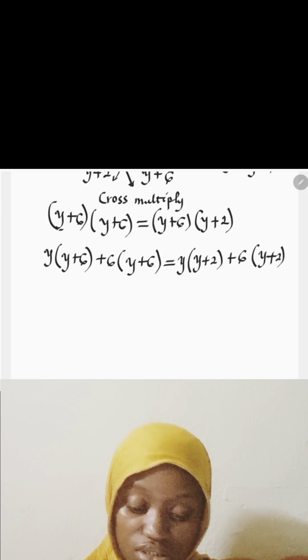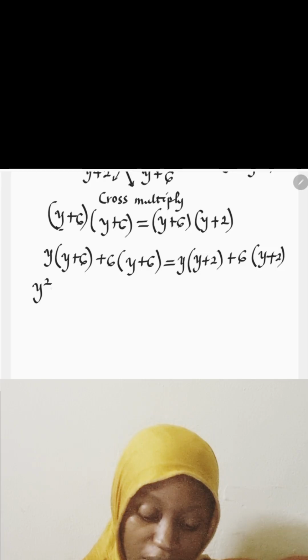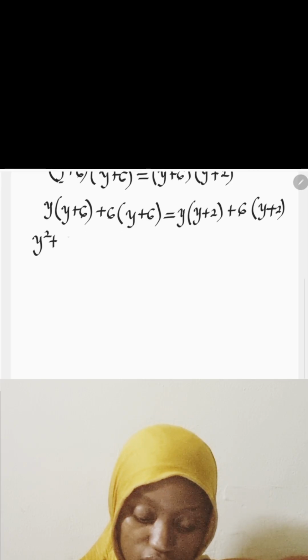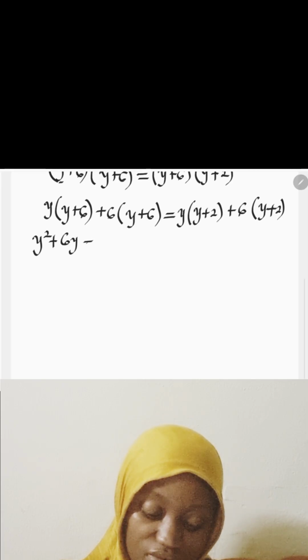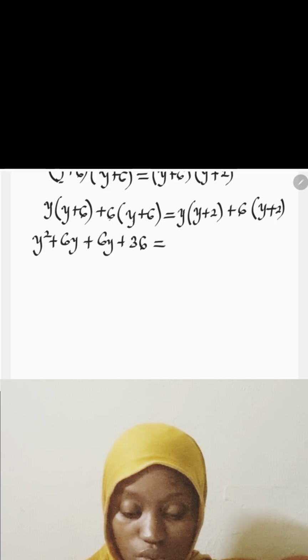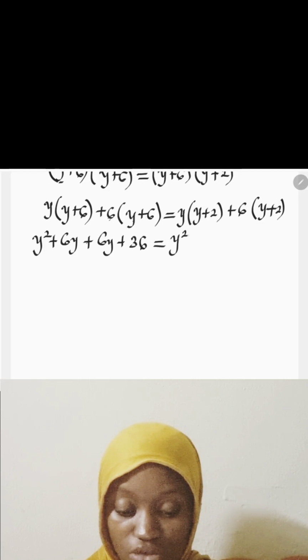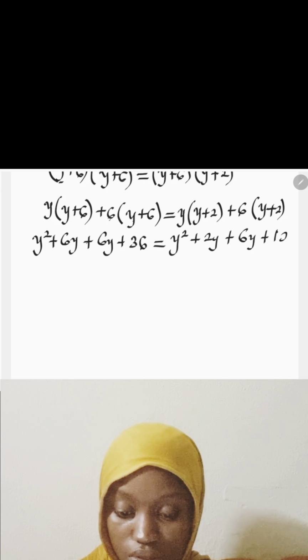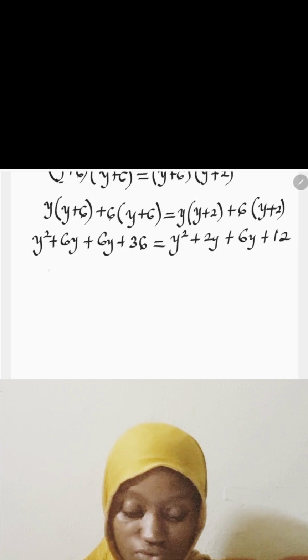Now we can expand. y multiplied by y gives us y squared, plus y multiplied by 6 gives us 6y, plus 6 multiplied by y gives us 6y, plus 6 multiplied by 6 gives us 36. This is equal to, let's open up the right-hand side: y multiplied by y gives us y squared, y multiplied by 2 gives plus 2y, plus 6 times y is 6y, plus 6 times 2 is 12.